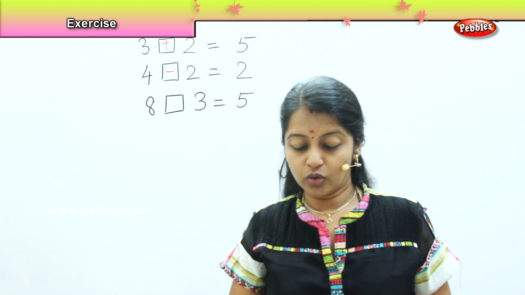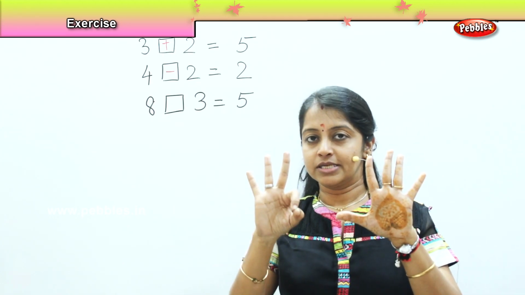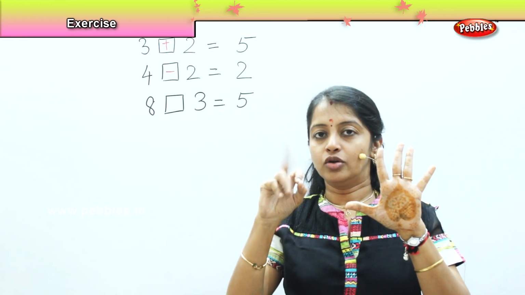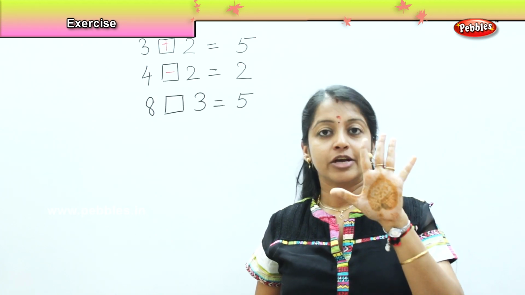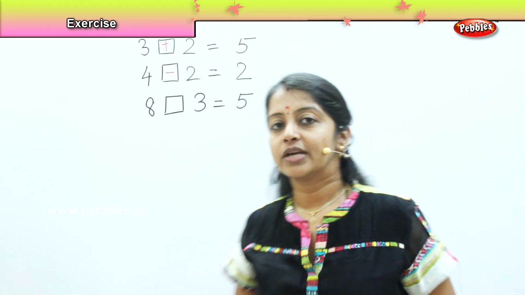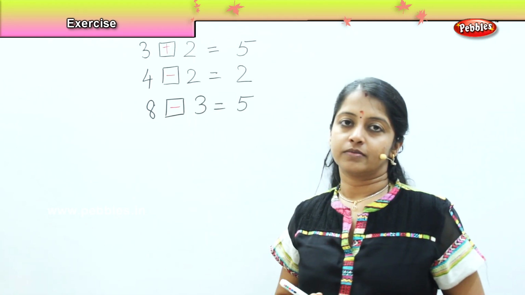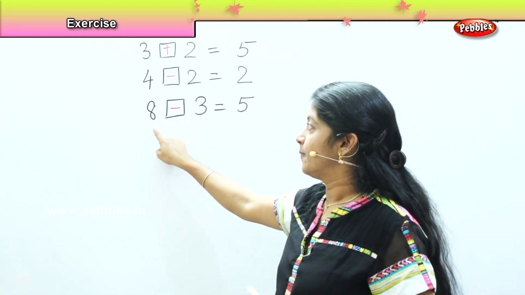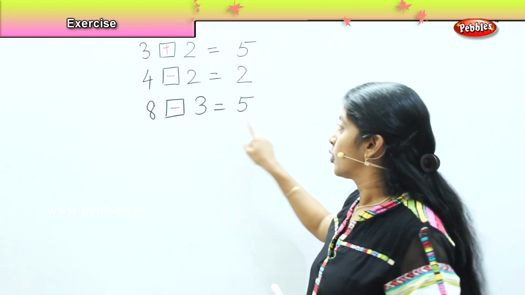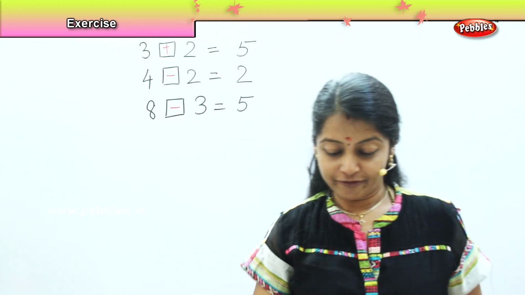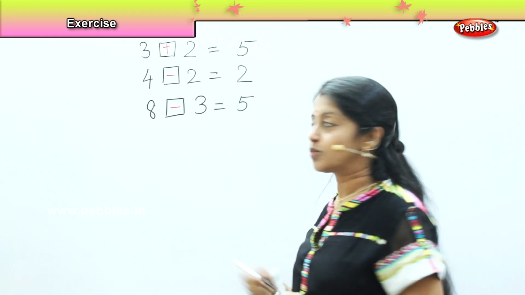So, what do I need to do? If I have 8 fingers and I remove 1, 2 and 3, what is the balance? 5. So, what do I need to do here children? I need to put a minus again. So, 8 when reduced by 3 will give me the answer 5. Shall we do the next one?